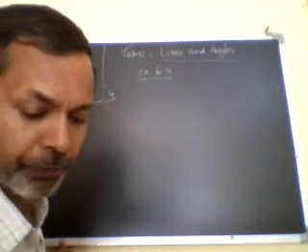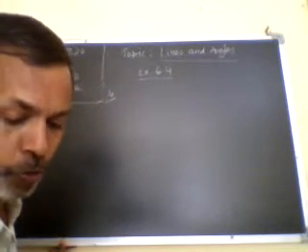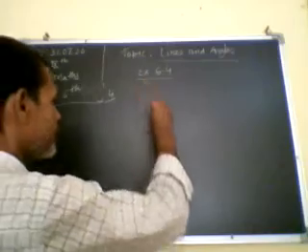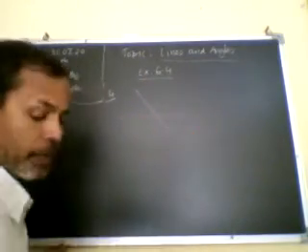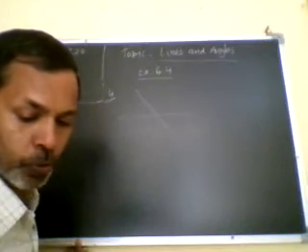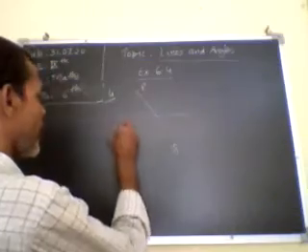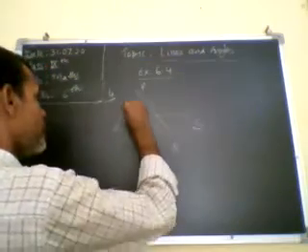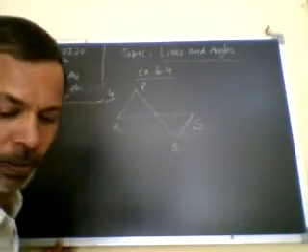In the figure, lines PQ and RS intersect, so PQ and RS are two lines. Join PR and QS.